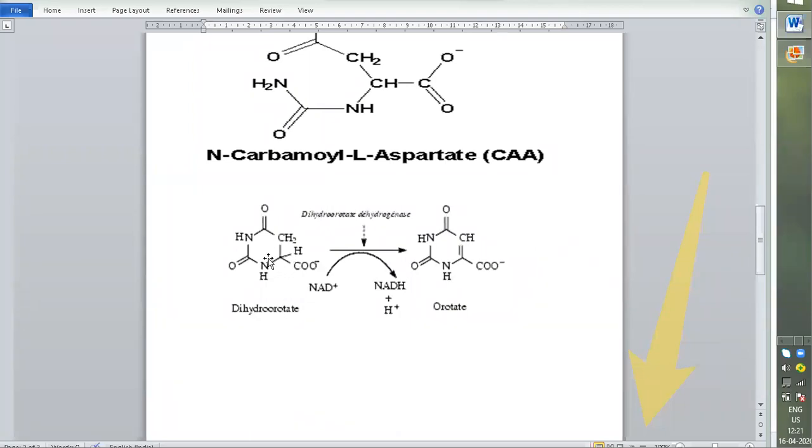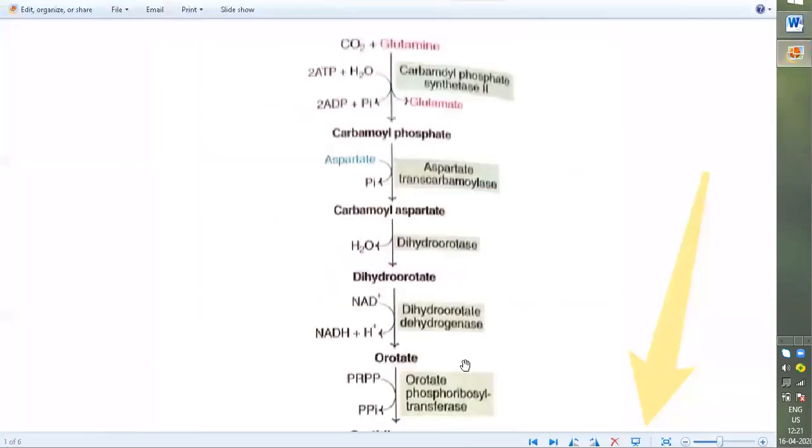The hydrogens removed from dihydroorotate are accepted by NAD plus, which is converted into NADH and H plus. That's why this is a dehydrogenase enzyme. Here 2 hydrogens are removed and it is converted into orotate.